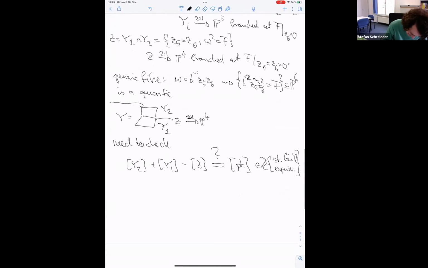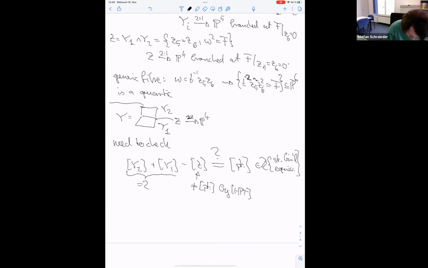But now this is not the class of a point. So this set is not stable birational by work of Hassett, Pirutka, and Tschinkel. That's the key point. So this is not a point, but these two things, they are the same.